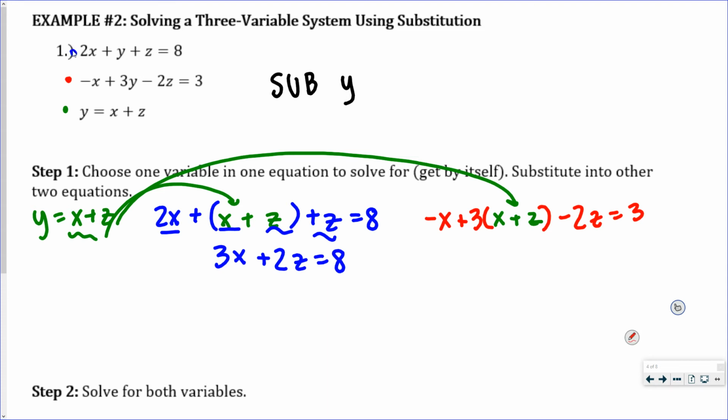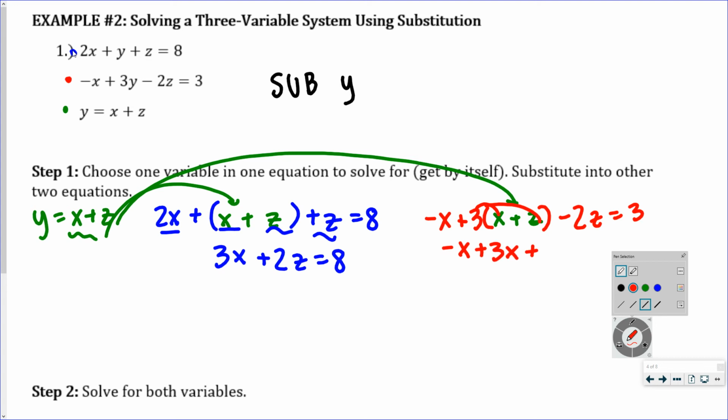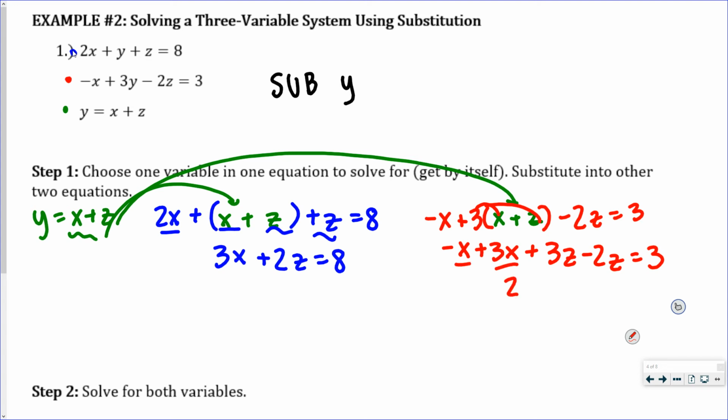Here I have a 3 outside that I would need to distribute. So, cleaning this one up, I have 3x plus 3z minus 2z equals 3. I end up having 2x plus 1z equals 3.